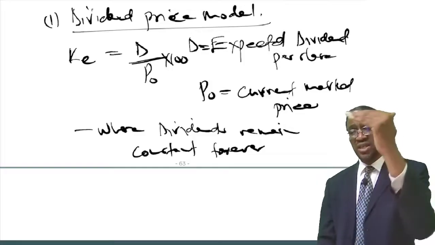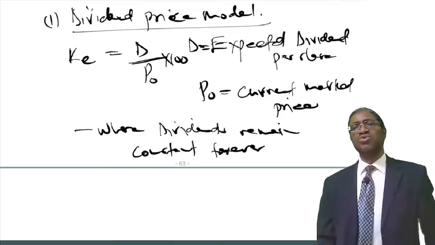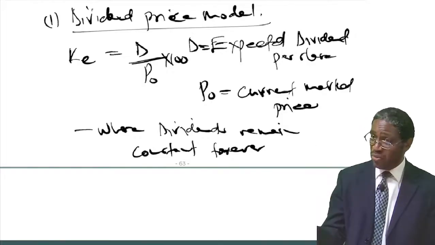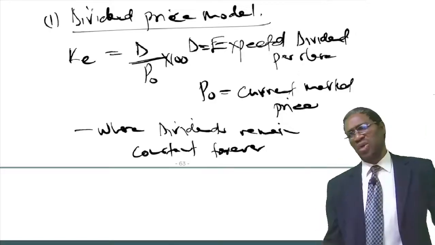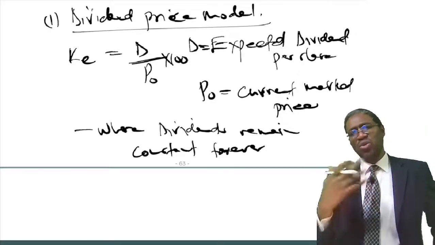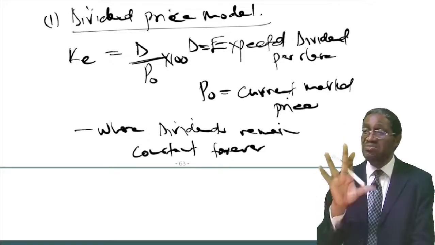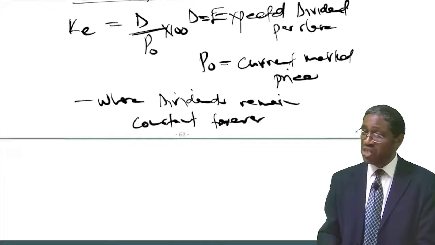Then you just take the dividend per share and divide by the market price per share, and you get the dividend yield, which is the return to the providers and becomes a cost to you as a company. Then, of course, you must take it as a percentage.